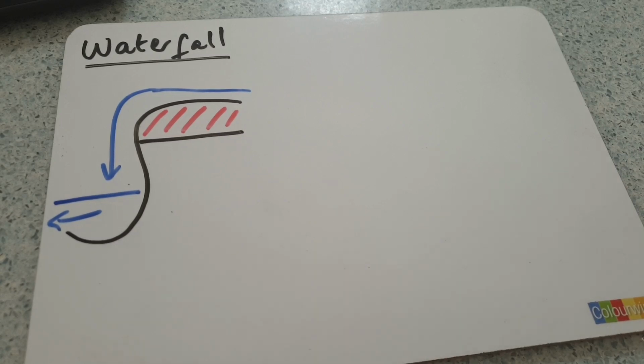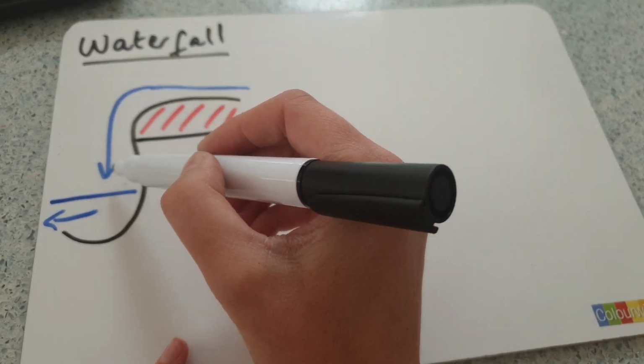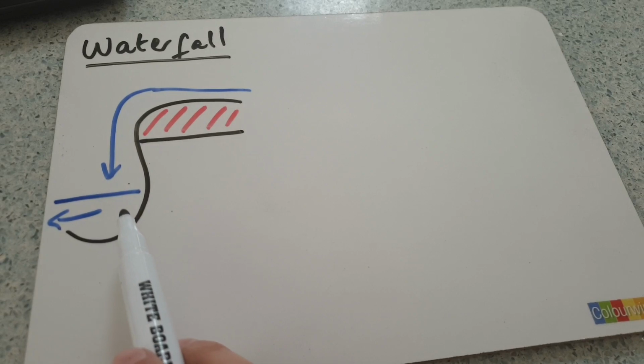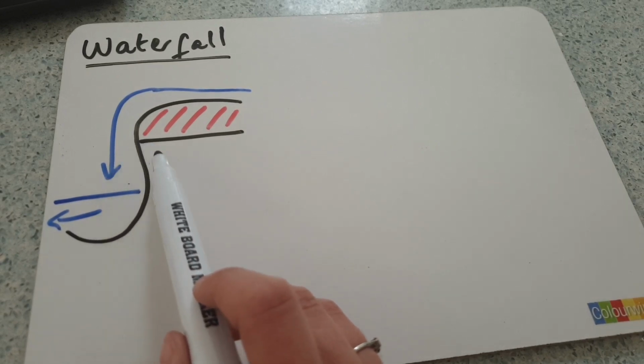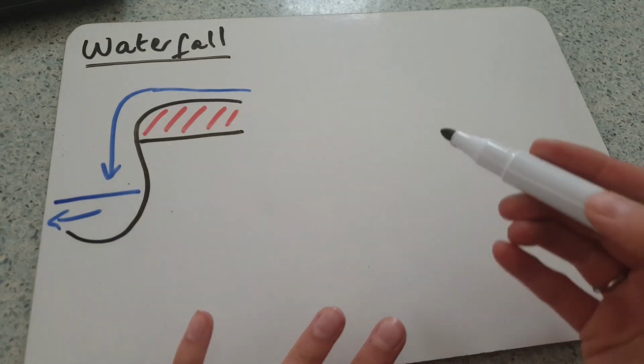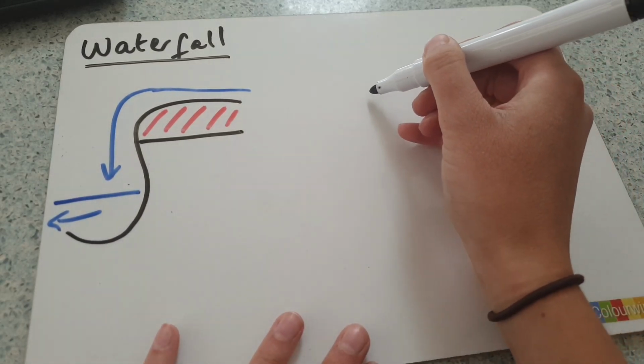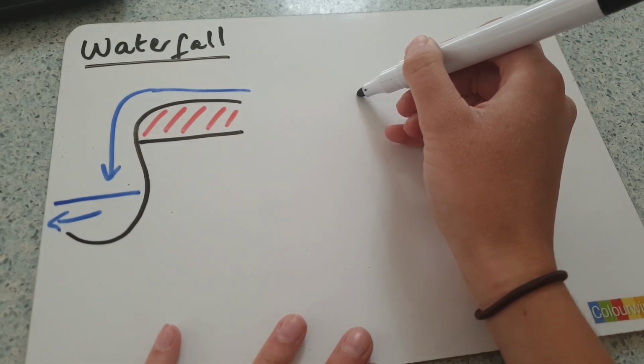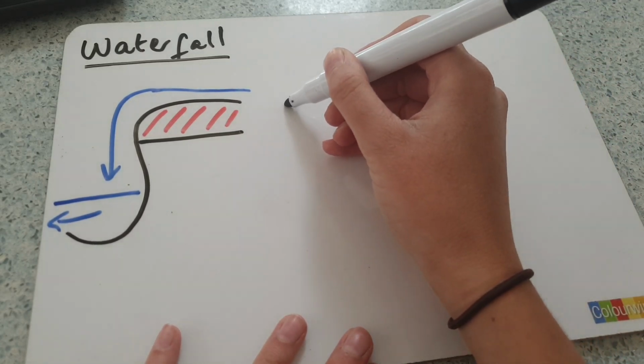Now over time, this water, by the process of hydraulic action, so try and get your key terms of different types of erosion in here, will start to wear away this soft rock underneath here, and you can probably guess what our next diagram is going to end up looking like. So try and get enough in there.